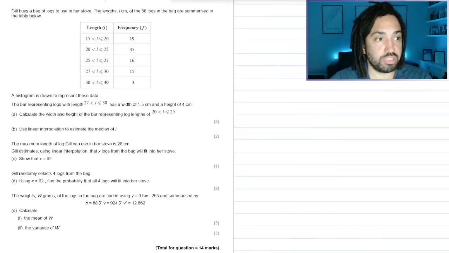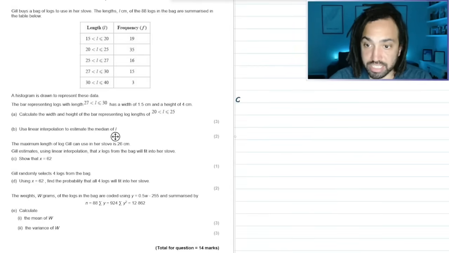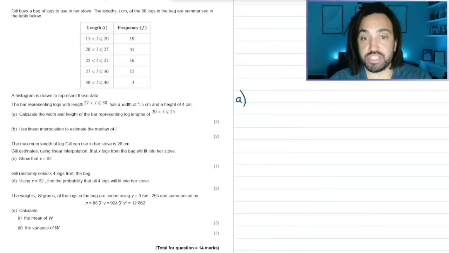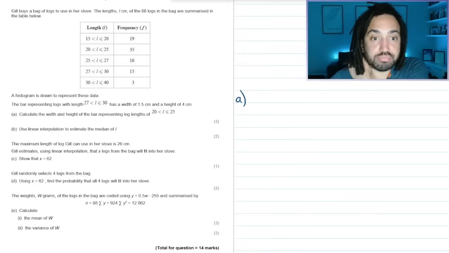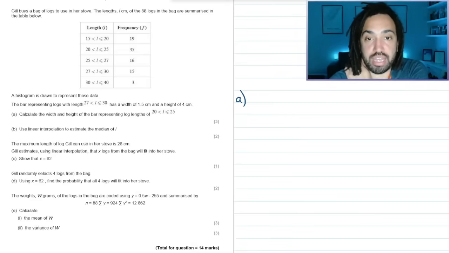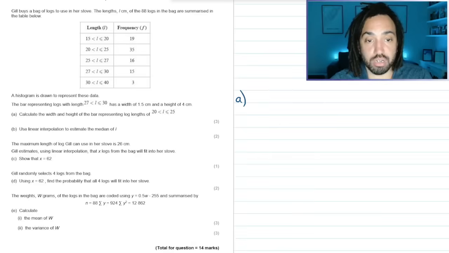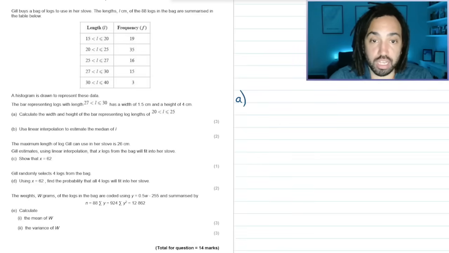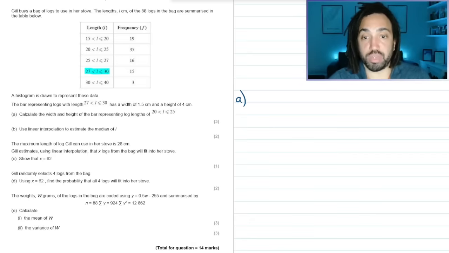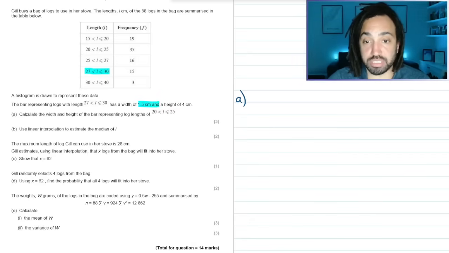Okay, question 2. We've got measures of central tendency, so like data, mean and standard deviation and whatnot. So we have here a frequency table, and a histogram is drawn representing this data. The bar representing logs with lengths between 27 and 30 has a width of 1.5 centimeters and a height of 4 centimeters.